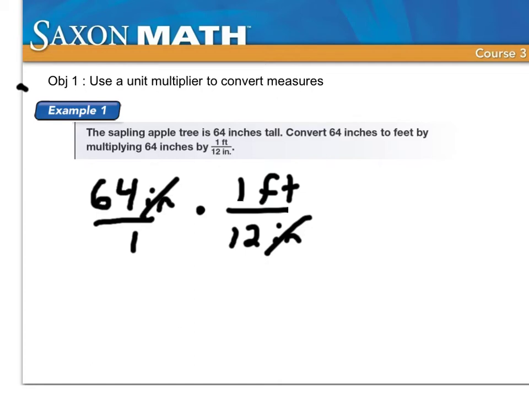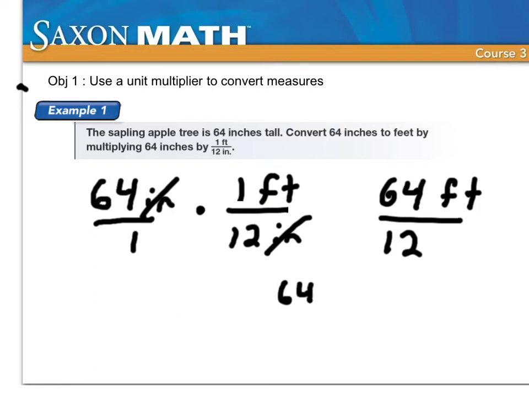So now I'm just going to multiply the top numbers, 64 times 1, and that's 64 feet, over, then 1 times 12 is 12. Now I just need to divide 64 by 12. So we'll go ahead and do that. 12 goes into 64 5 times, and that's 60.